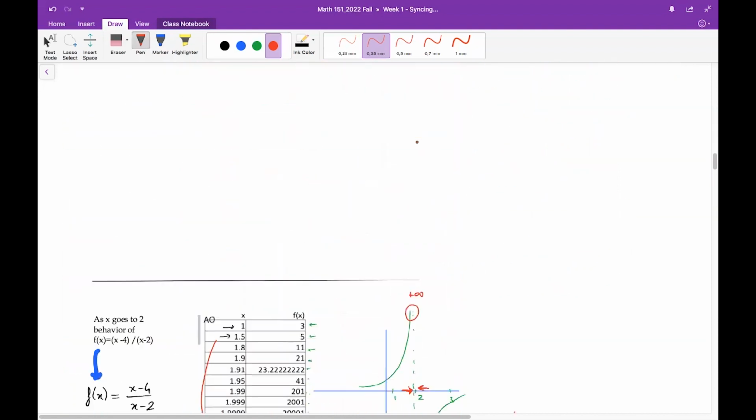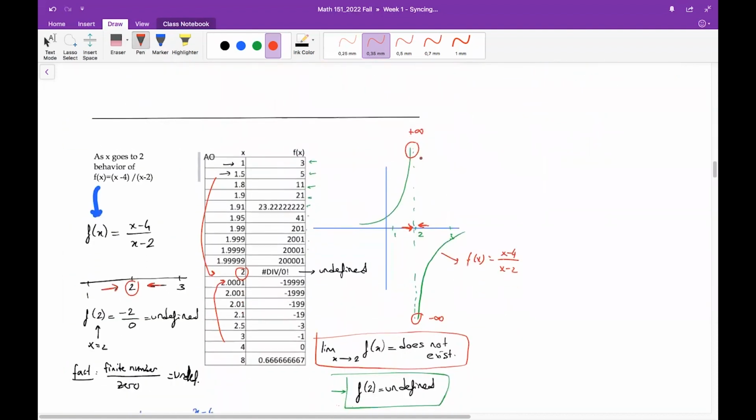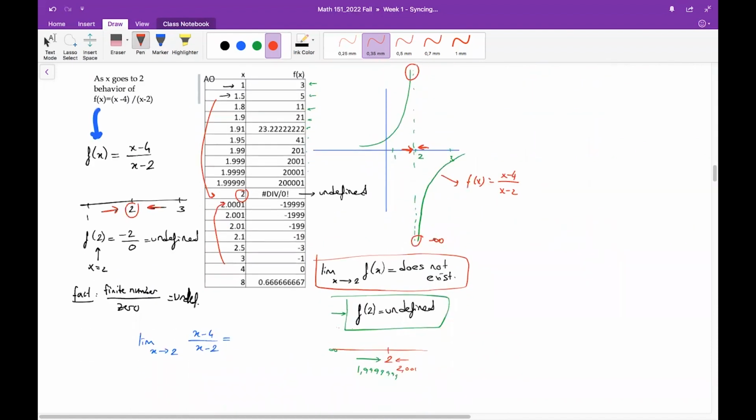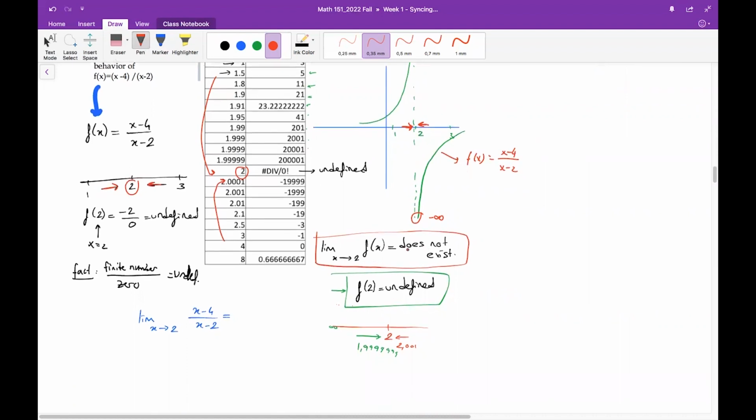But this is not the case here. You see, on the left, your values grow too big. On the right, your values are too small, like minus infinity. So since there is no unique number towards which your function approaches, you say that the limit does not exist in this case. As x goes to 2, what happens at 2?